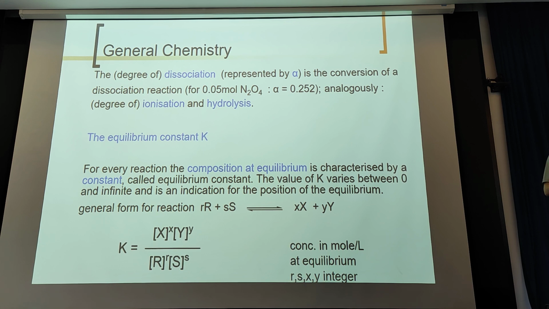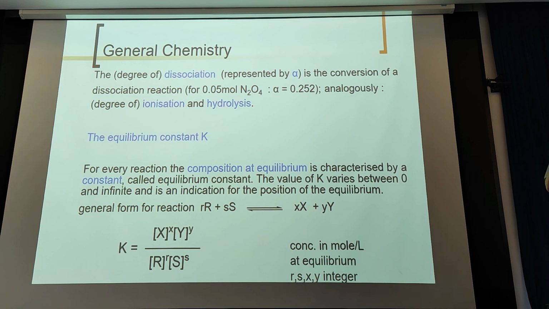And this K tells us something about the reaction. If K is 1 or larger than 1, maybe sometimes a lot larger than 1, this means a reaction that is mainly going to the product. It is to the right.